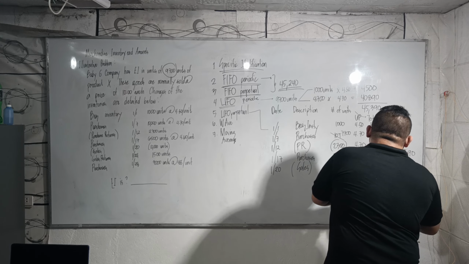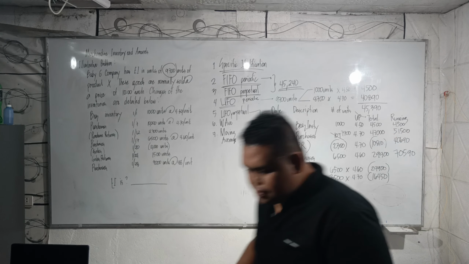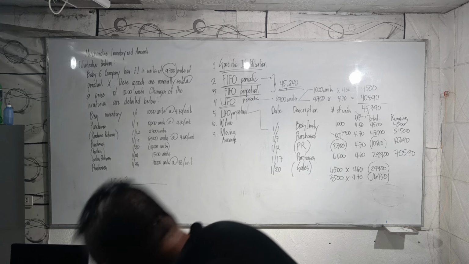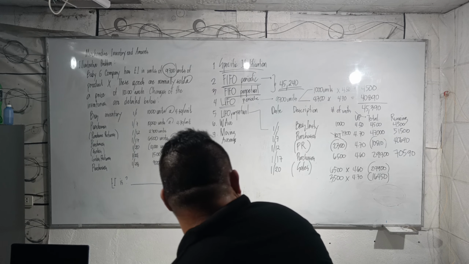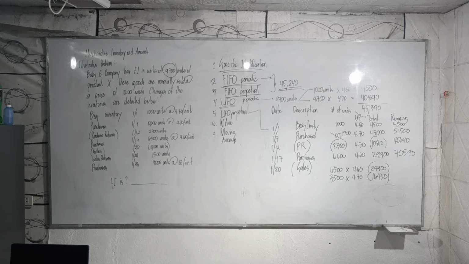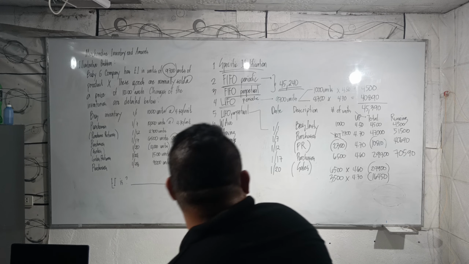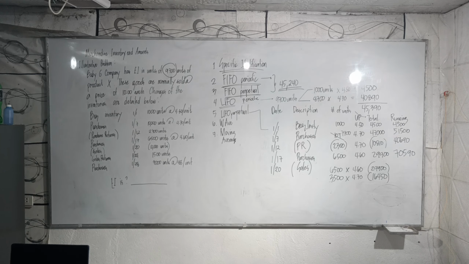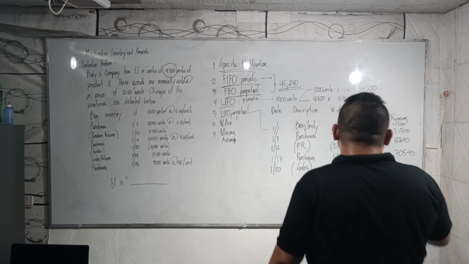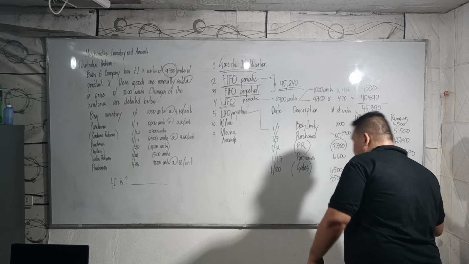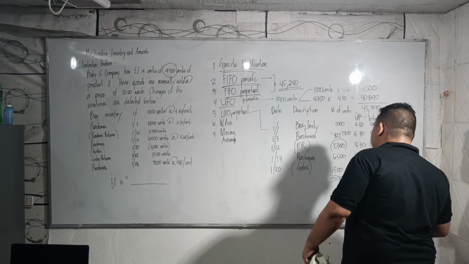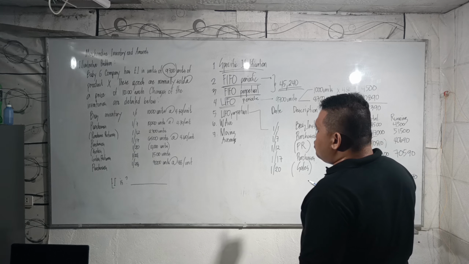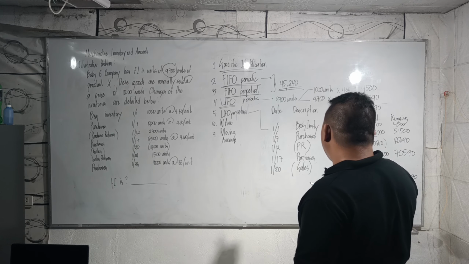Okay. So the running total will be 70,590 minus 29,900 minus 16,450. That's 24,240. So that's it for 120.